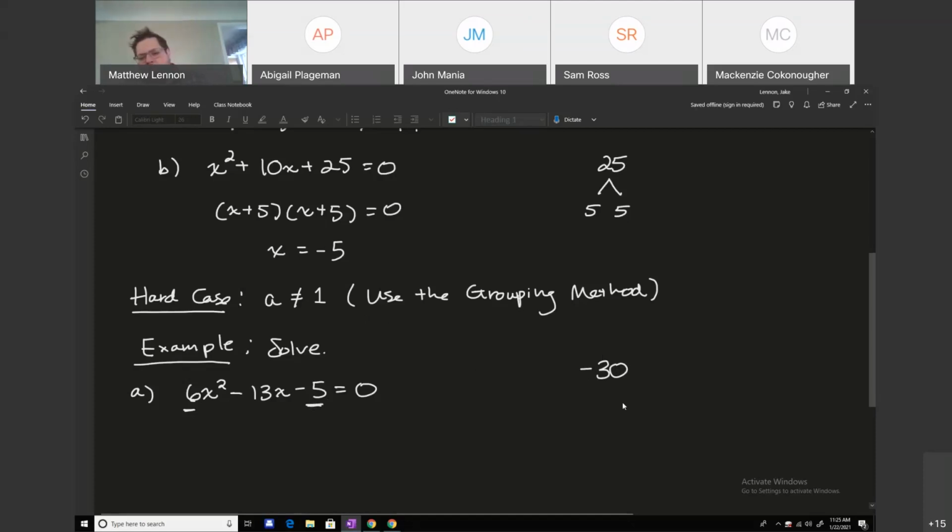And you need two numbers that multiply to negative 30 but add to negative 13. So let's say negative 15 and positive 2. So we're going to rewrite 13x as minus 15x plus 2x. So this is 6x squared minus 15x plus 2x minus 5.